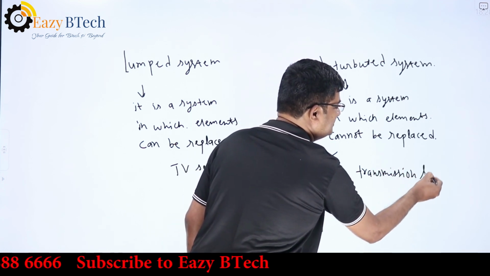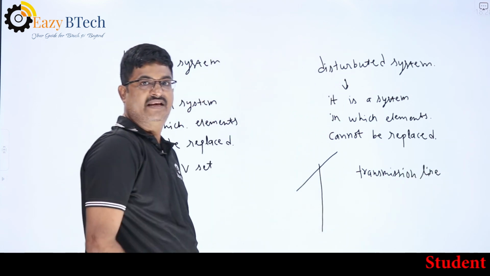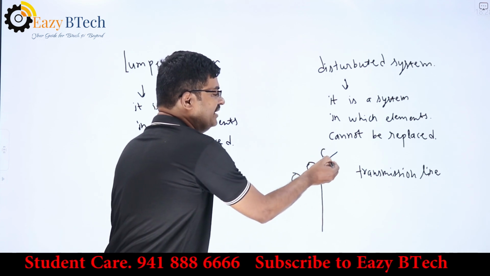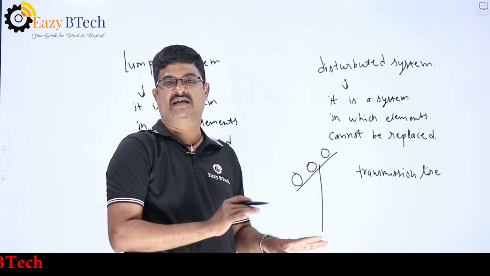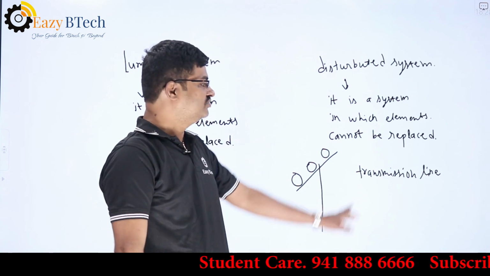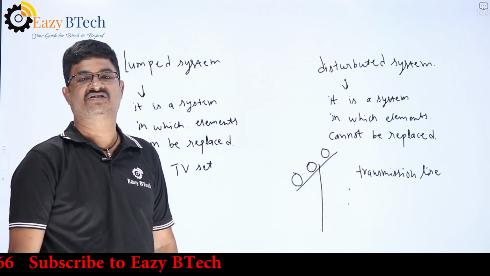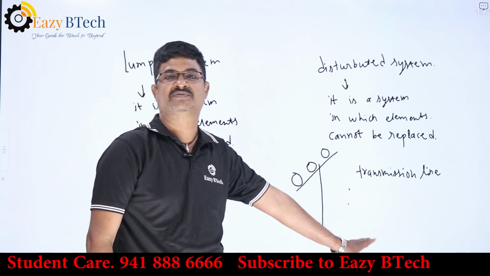In the transmission line, everybody will have seen the electric poles. On the electric poles, there are cup-like structures, which are insulators. They are made of ceramic. Once they are placed on the electric pole, they cannot be removed for life. That is why a distributed system is a system in which the elements of the system cannot be replaced. The best example is a transmission line.